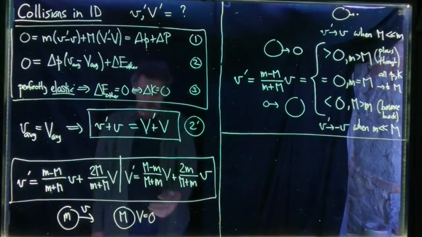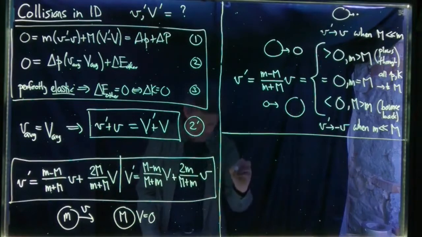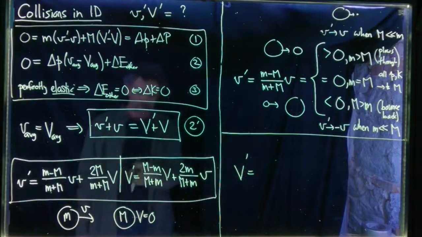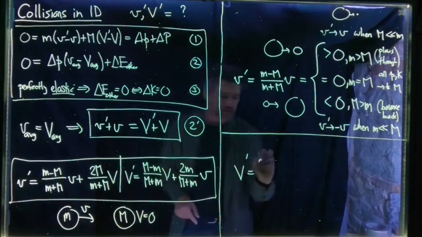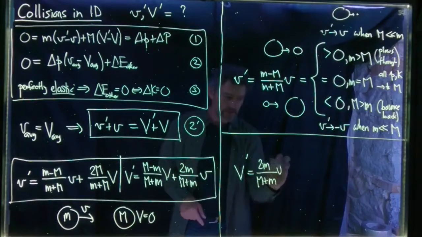Now we're going to solve for the final velocity of big M, which is big V. So big V prime is equal to this, and when the initial velocity of big M is 0, that term drops out, and we're left with twice little m divided by the sum of the two masses times little v.